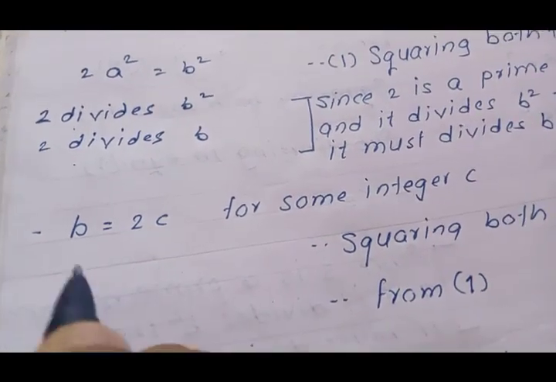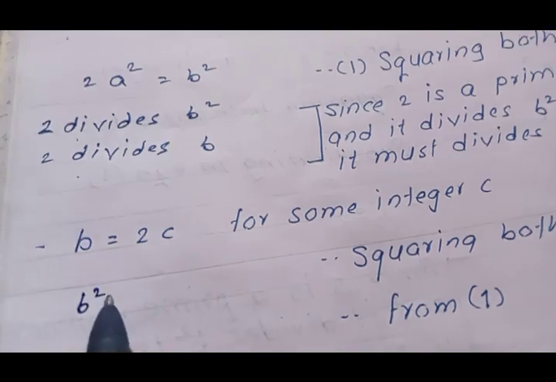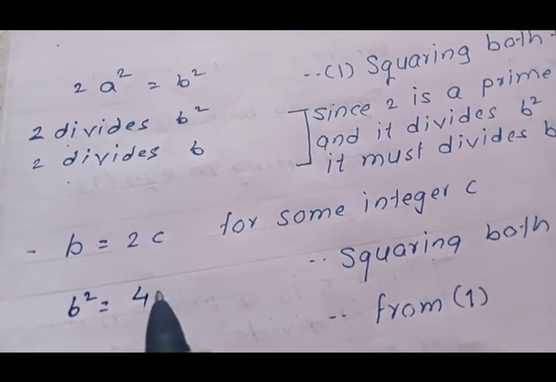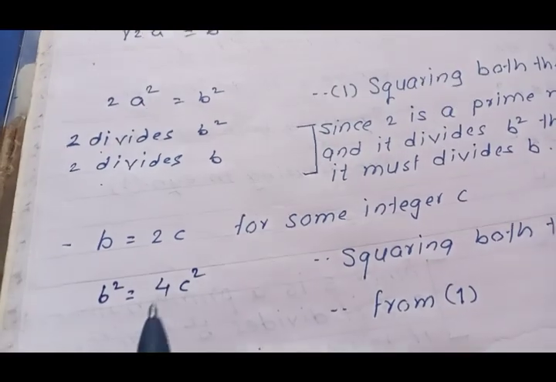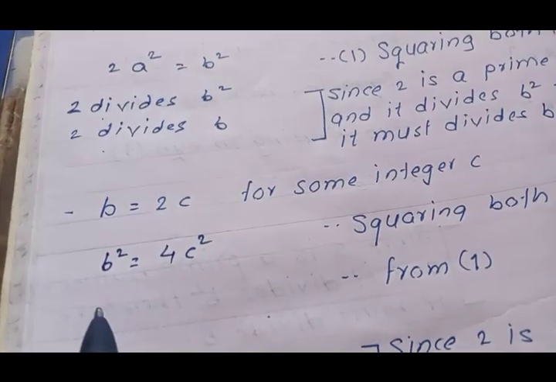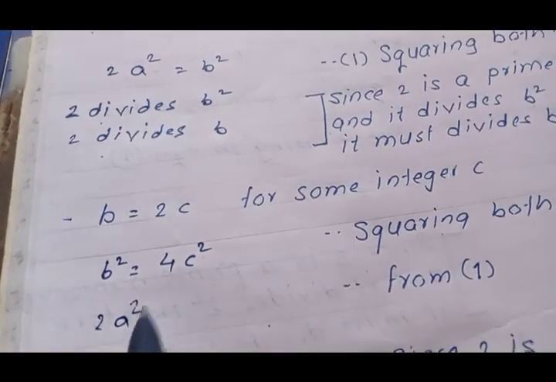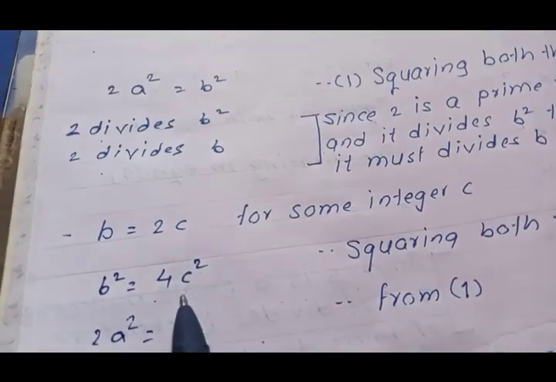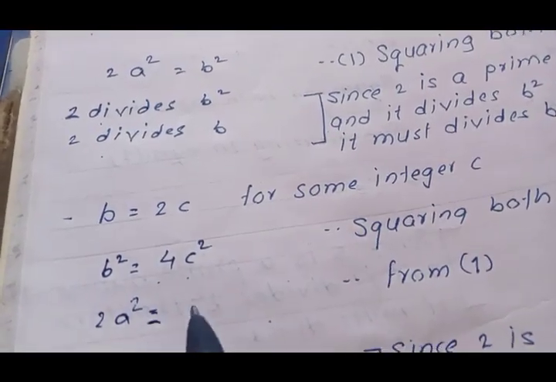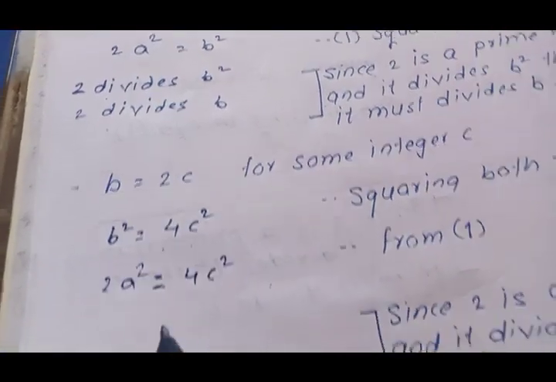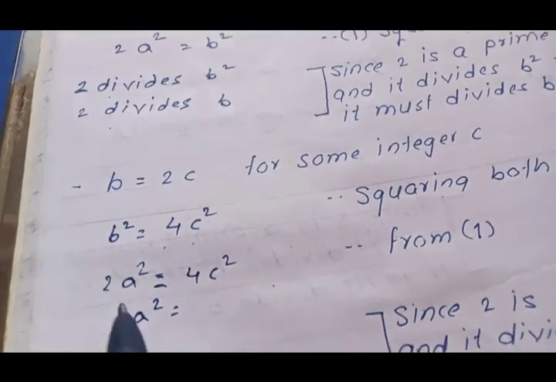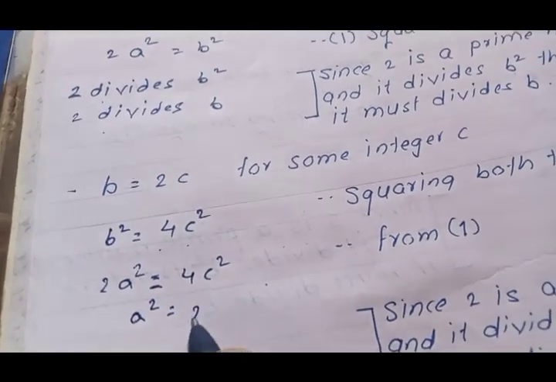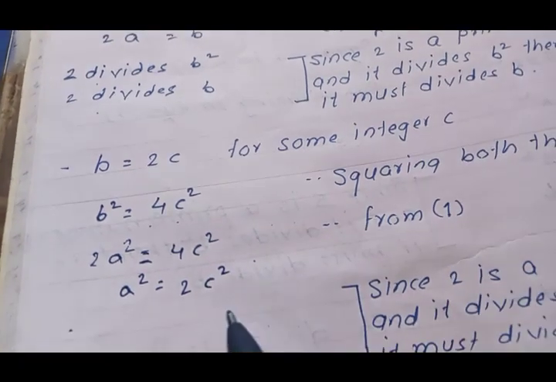So squaring, b square equal to 4c square. From 1, 2a square equal to b square, means 4c square. So a square equal to 2c square.